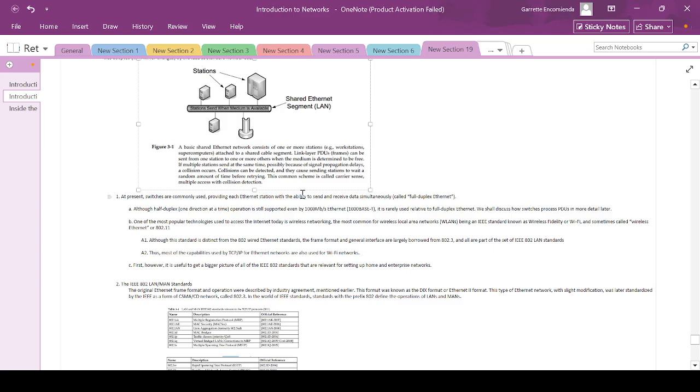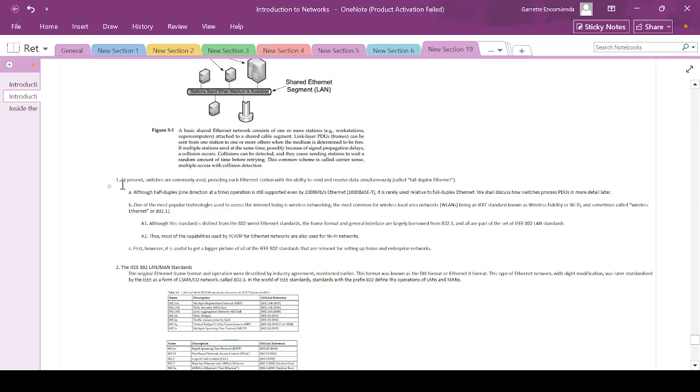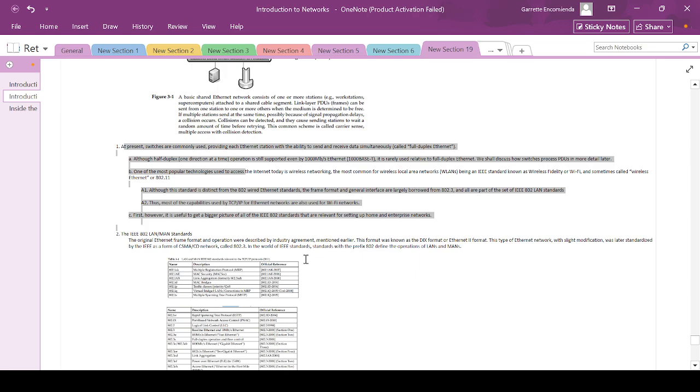So this common scheme is called carrier sense multiple access with collision detection, or CSMA/CD. So that again is a part of the guideline of this Ethernet, or 802.3.